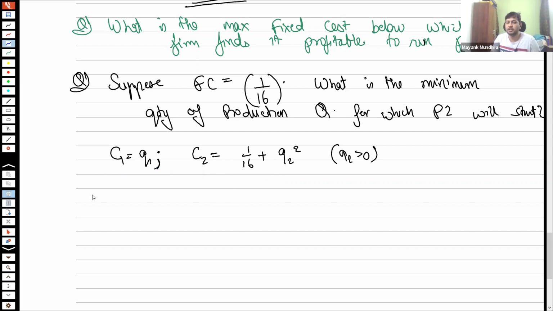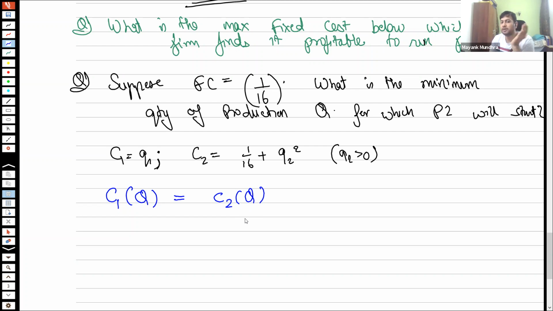So at some threshold quantity, the cost of producing in plant 1 will be equal to the cost of producing in plant 2. Because the quantity is so low that he does not want to use both the plants. Obviously, it's below 1/2.